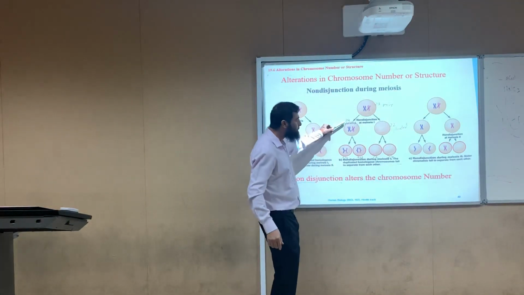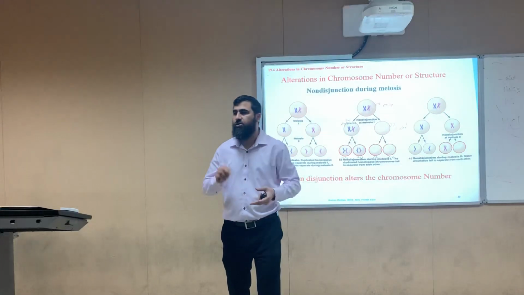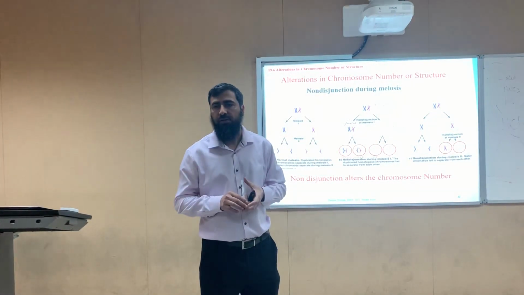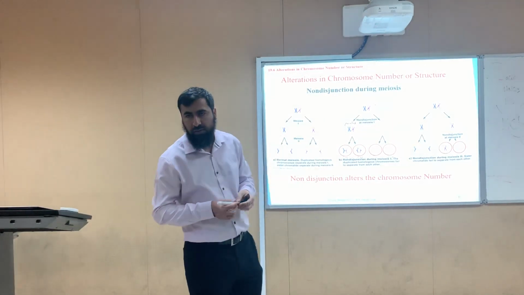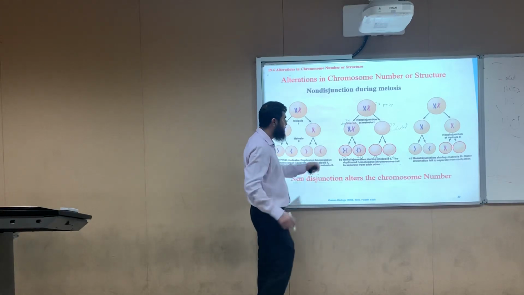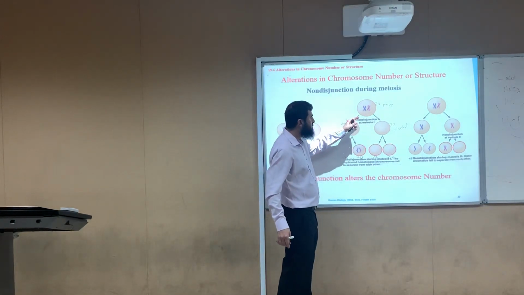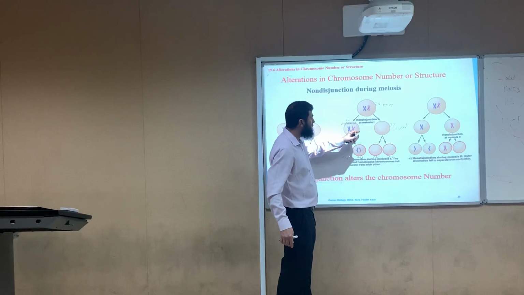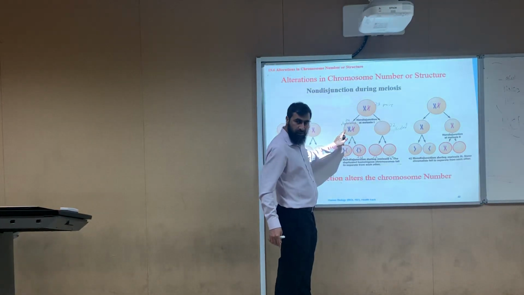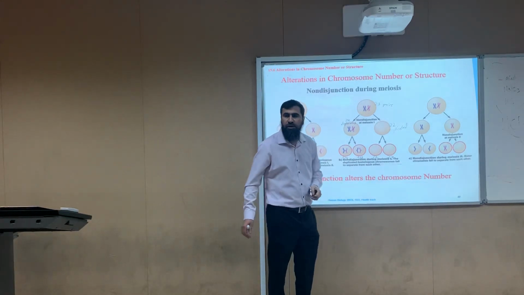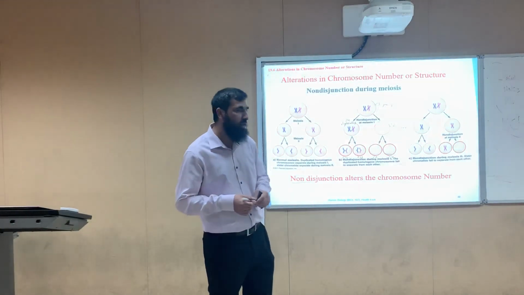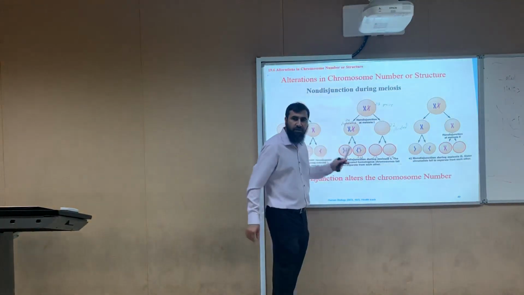This can happen in the autosomes or the sex chromosomes. Just to make sure, on the left side we have 23 duplicated homologous chromosomes and one non-homologous, so 24 duplicated. Normally we have 23 duplicated chromosomes. But in this case, one of the chromosome pairs failed to separate.